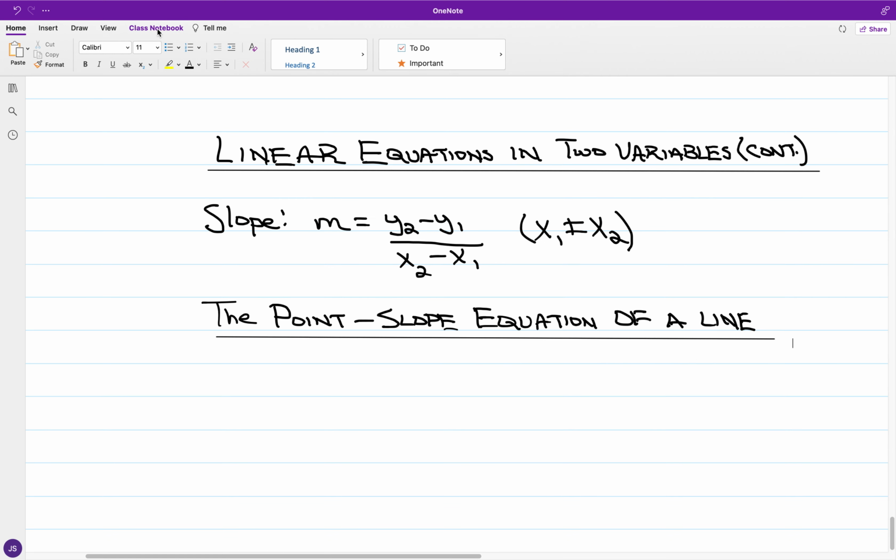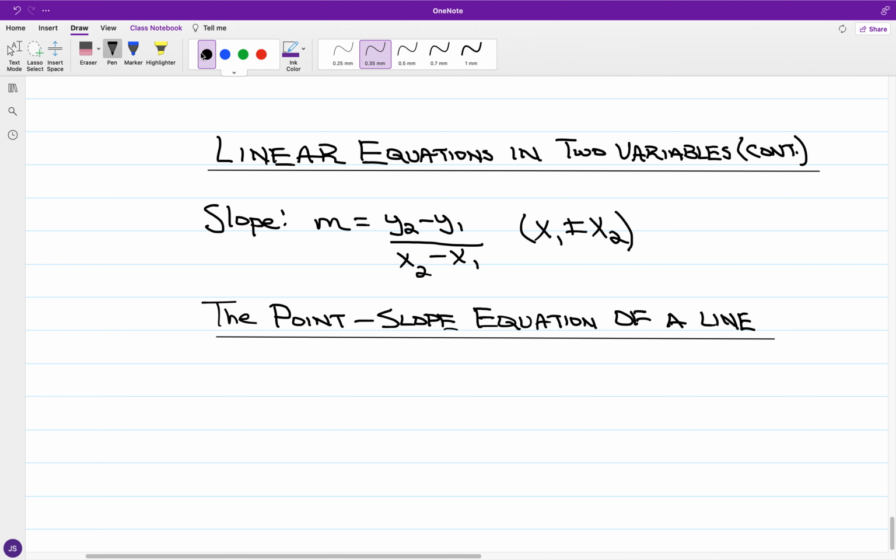Some might call it the point-slope form of a linear equation, same thing.